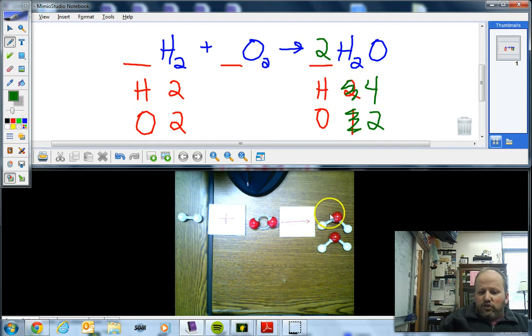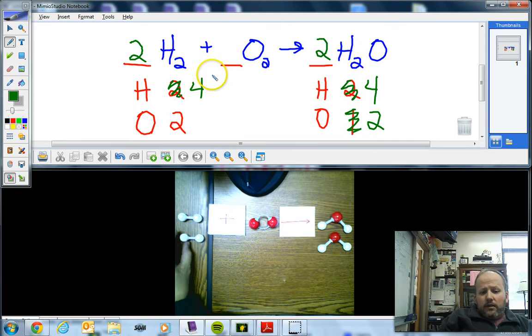But now we have 2 red oxygens on each side of this equation. Well, what can we do to now make this 2 a 4? Currently 1 times 2 is 2, but I want it to be a 4. We already know from seeing this earlier that a 2 out in front, 2 times 2, is now 4. We put another hydrogen out here, and you now have a balanced chemical reaction.